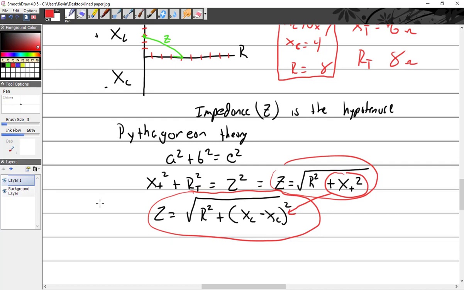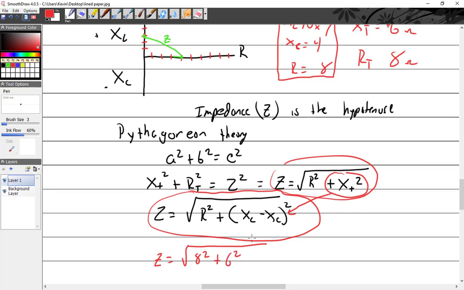What is z in this case? 10. Is it 10? Okay, so z equals the square root of r squared, so that's 8 squared, and I can use this one over here because I solve for xt, plus 6 squared.